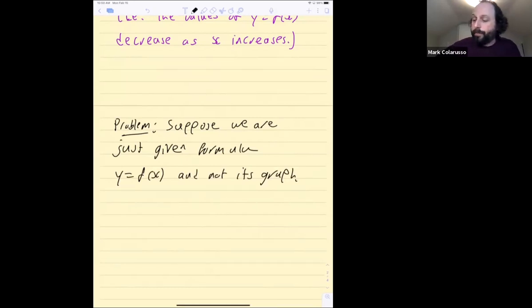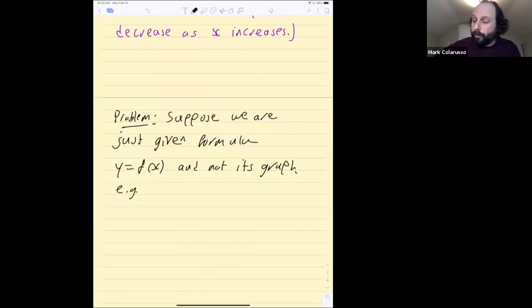For example, say we're given the formula f at x equals minus x cubed plus 3x squared plus 9x plus 1. This is a formula that we will see at the end of the notes later on, on page 4 of the notes, and we'll be able to analyze this function quite nicely.